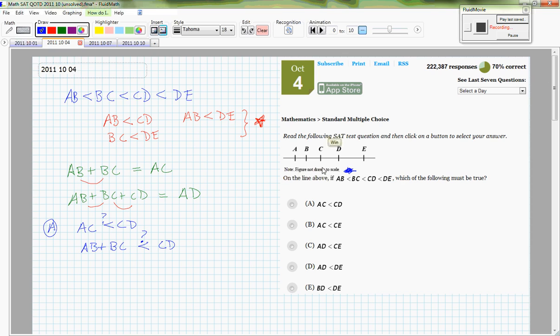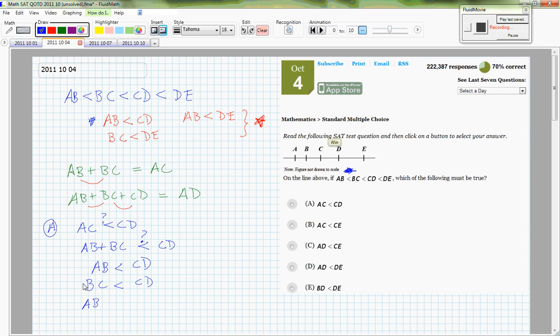Now it's important to recognize that you can't talk about scales here. You'd like to think that these combined are small enough so that that is true, but all that you really know is AB is less than CD because we wrote that here, and we know that BC is less than CD. Notice I don't put a question mark over these. These I know are true.